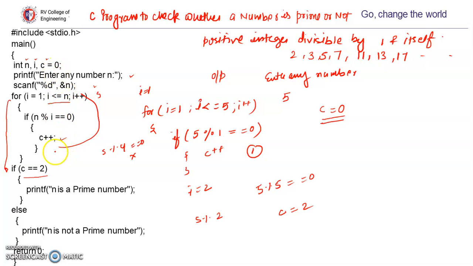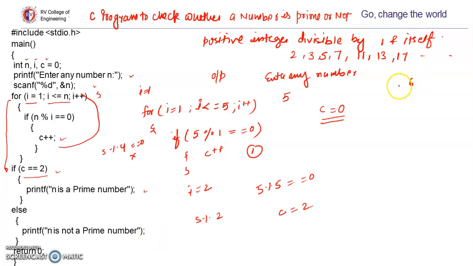So when it is 0, the first time it is incremented, it becomes 1, the second time it becomes 2, and then we are saying if c is equal to 2, the number is prime definitely, and if c is not 2, it is more than 2, because at least it will be 2, as we are checking from 1 to n. So if it is not 2, the number is not prime.